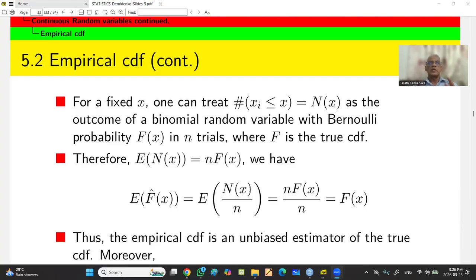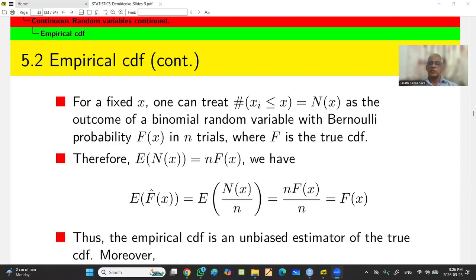So if you consider each observation as either less than or equal to x or greater than x, this is like a success or failure. We are looking at n observations, and each can be considered a success or failure. The probability of a success is theta. The probability that any observation is less than x is theta.